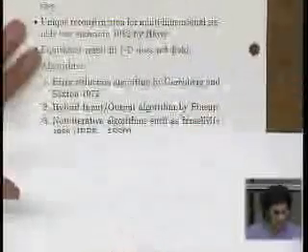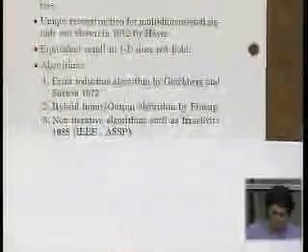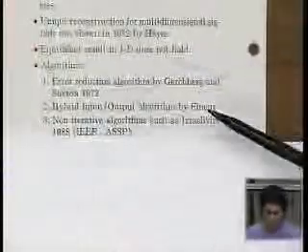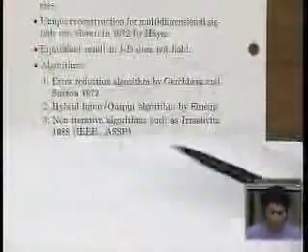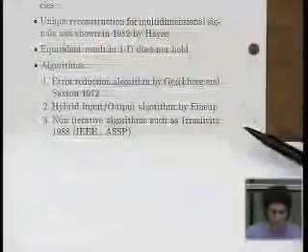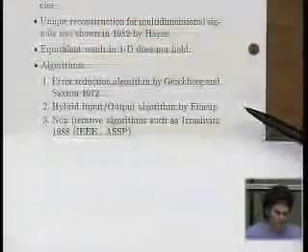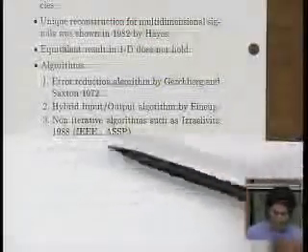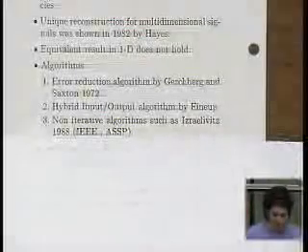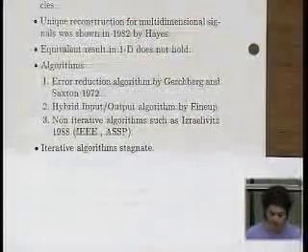And there's a bunch of algorithms that people have proposed. One of them is the error reduction algorithm by Gerchberg and Saxton, the hybrid input-output algorithm by Fienup, and also a non-iterative algorithm by Dudgeon and Mersereau that appeared in 1988.